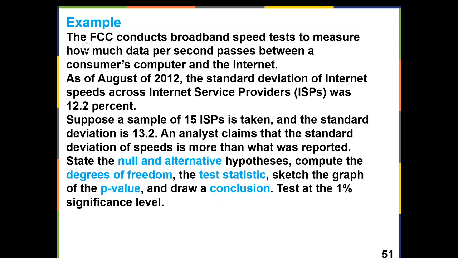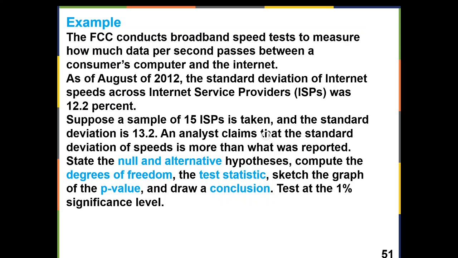So it says that the FCC conducts broadband speed tests to measure how much data per second passes between a consumer's computer and the internet. As of August 2012, the standard deviation of internet speeds across internet service providers was 12.2%. Suppose a sample of 15 of them is taken and the standard deviation is calculated.